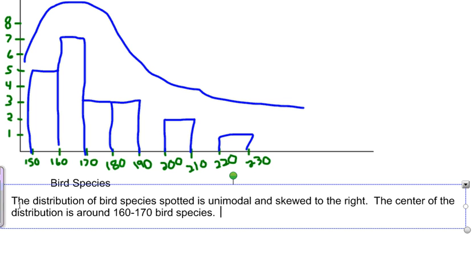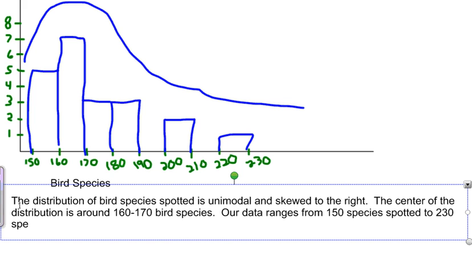The spread is the range. So our data ranges from 150 species spotted to 230 species spotted. Then I'm going to talk about unusual features.